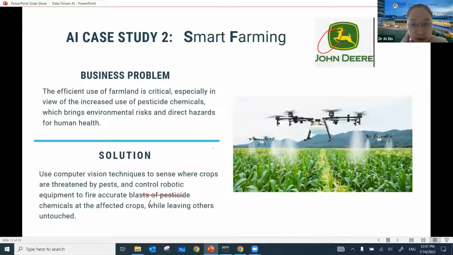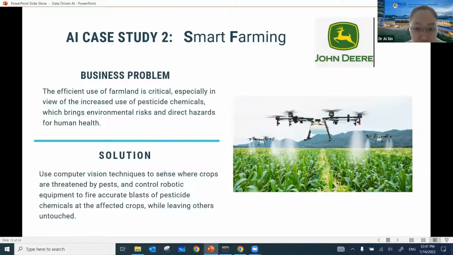Okay, another example is smart farming. We know that when people do farming, they use a lot of pesticide chemicals, which bring environmental risk and hazard for humans. So this company actually uses computer vision techniques.